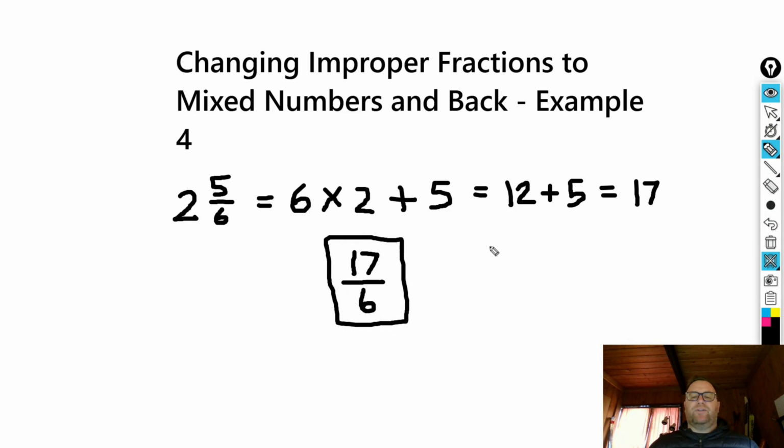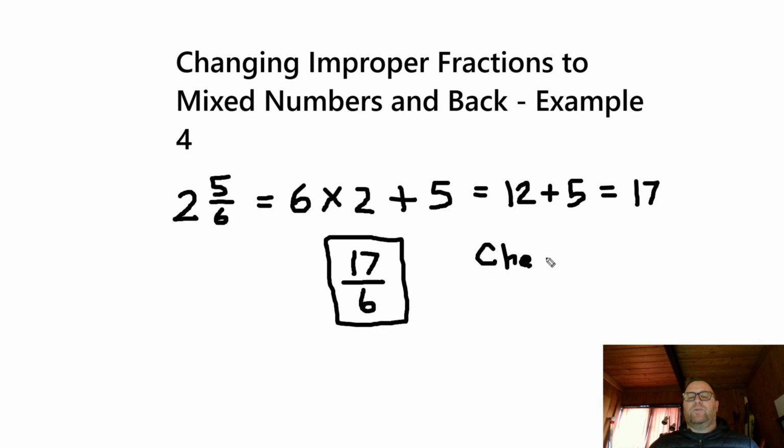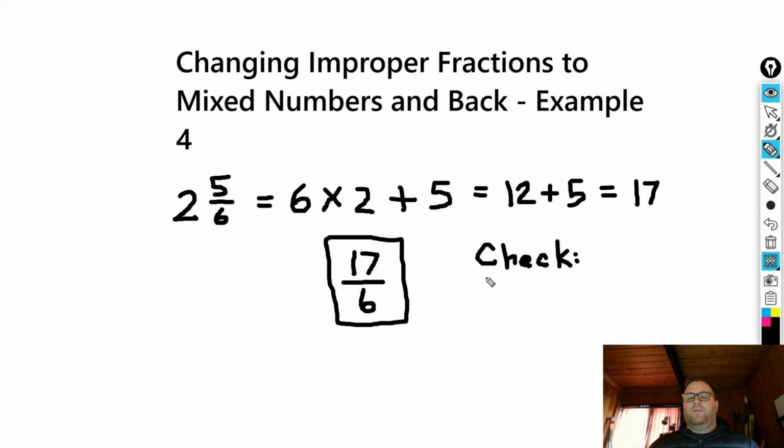And we could check this too, because we've been going the other way. So let's check this. To check, we do 17 divided by 6. So that's going to go into 17 twice. 2 times 6 is 12. 17 minus 12 is 5.